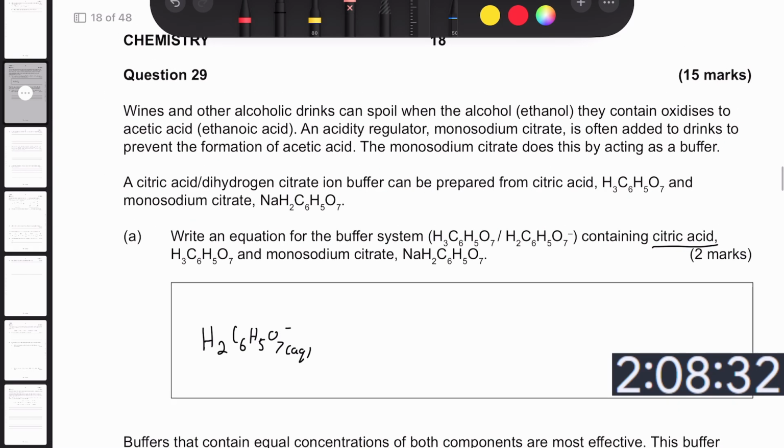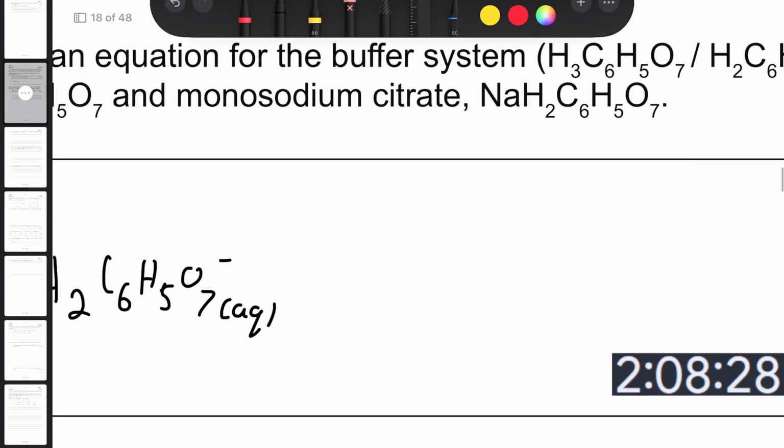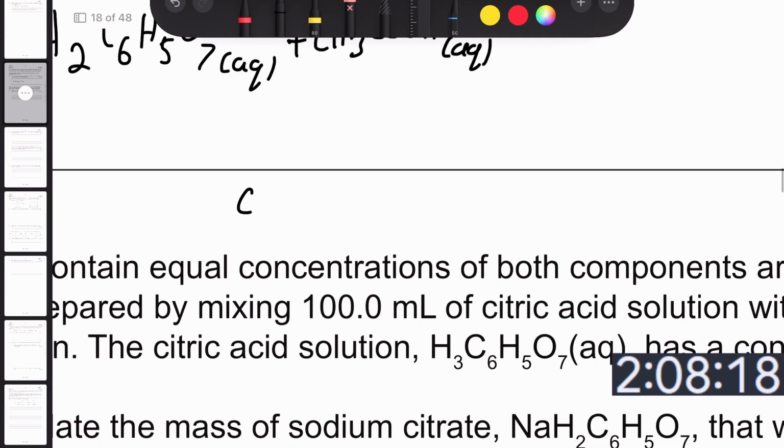What the heck is citric acid? Is that ethanoic acid? It must be ethanoic acid. So plus CH3COOH. So let's see, make sure I got my structure right. CH3COOH, yep.